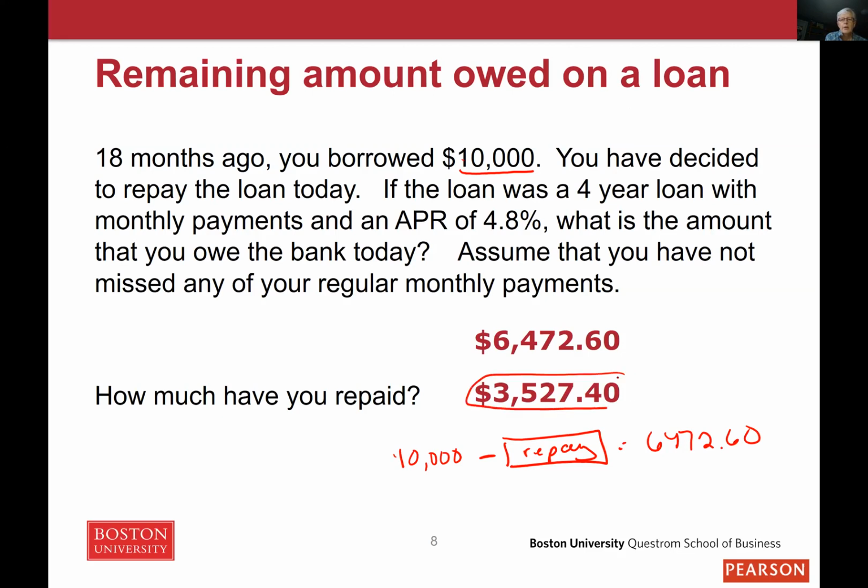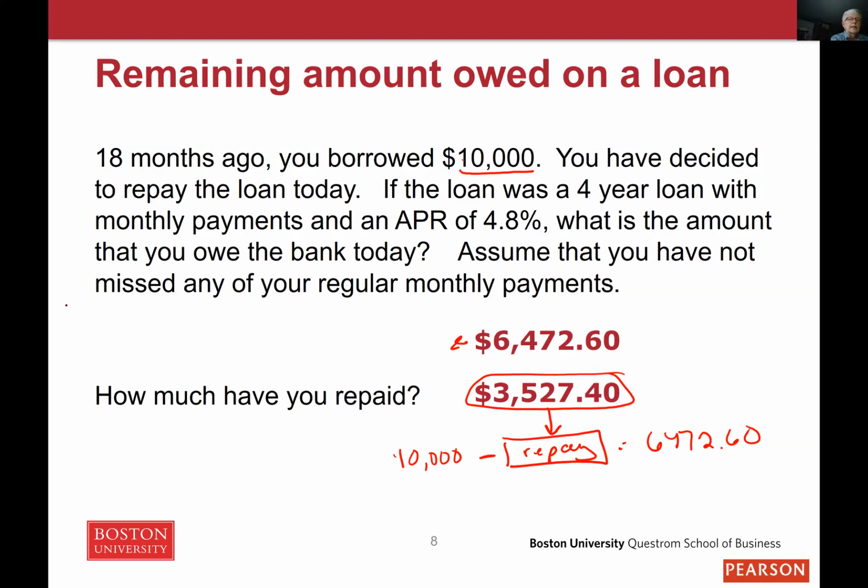So this number, the amount that you've repaid, is going to be the number that fills in there. So the way you find out what you owe is it's going to be the present value of the remaining payments. So the first thing you need to do is find the payment.